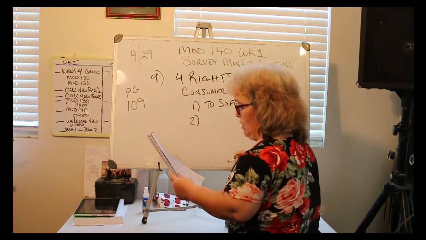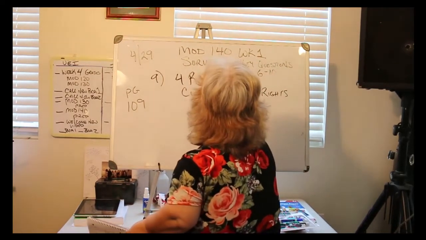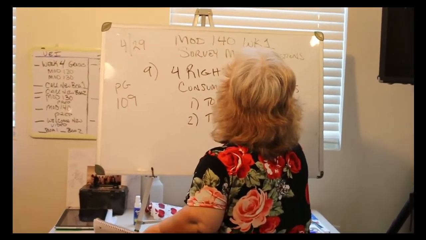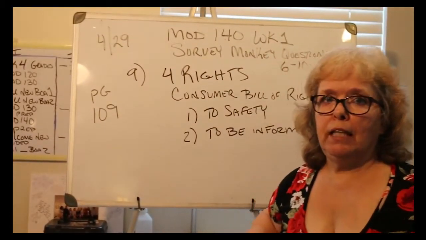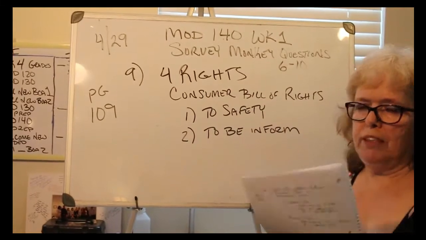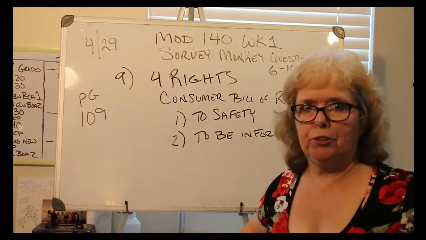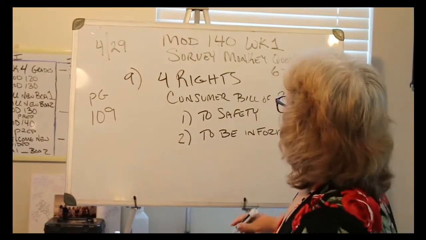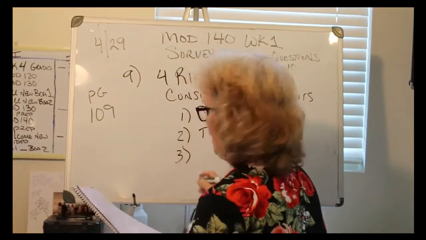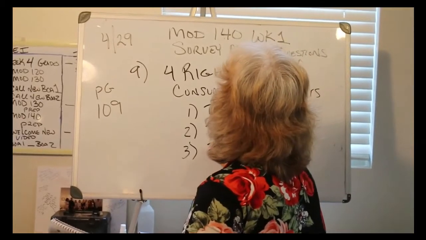They have a right to be informed. If there's something in the product that they should know about, they need to be informed of it. So that's why we see all these signs that there may be cancer causing agents in this product. They have the right to choose.